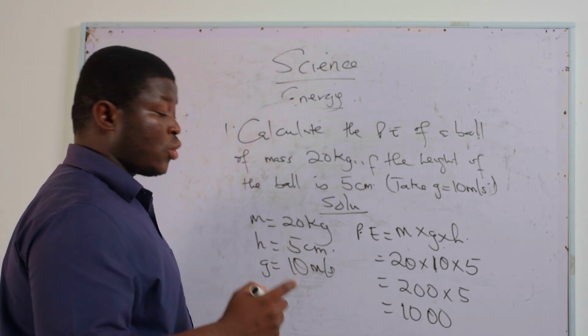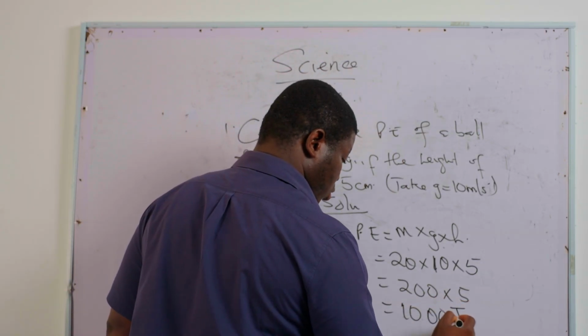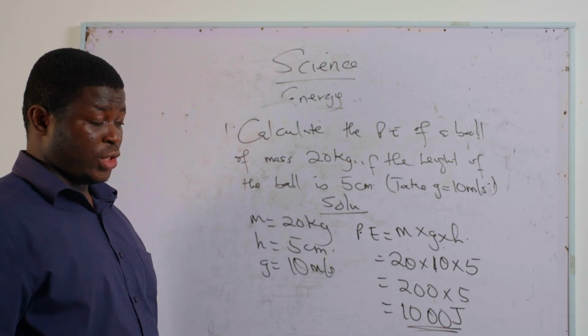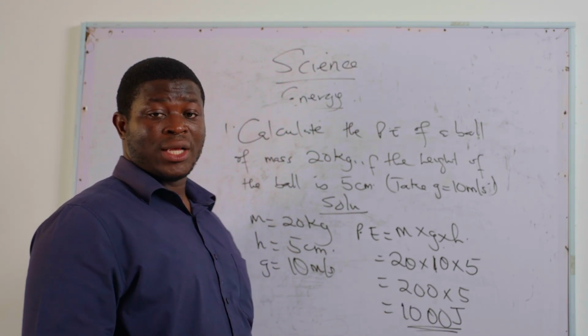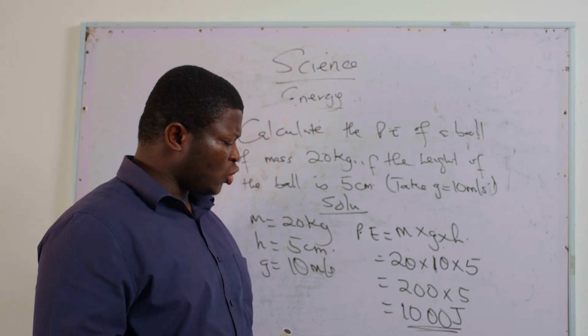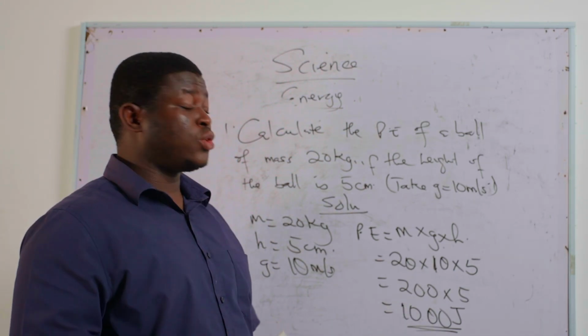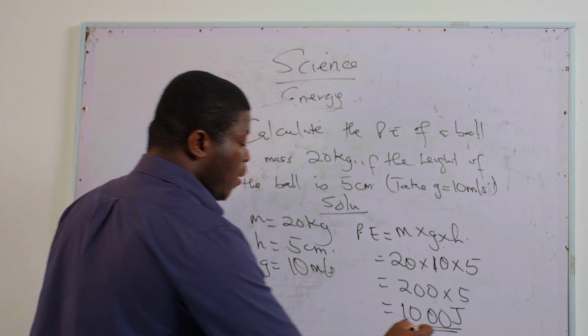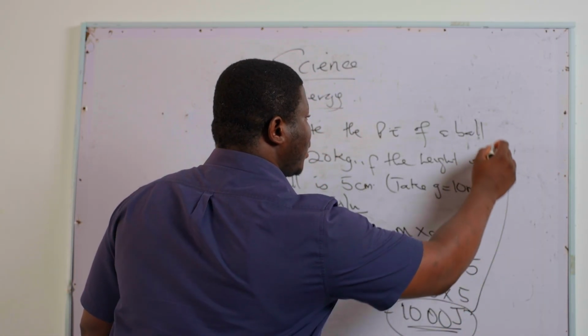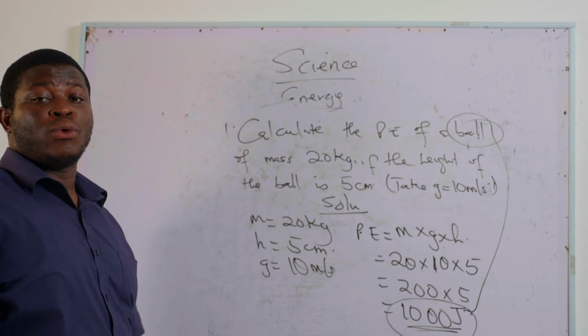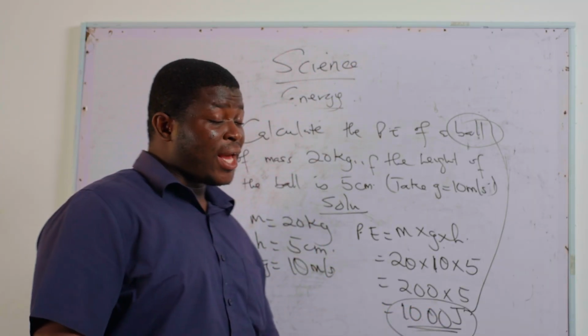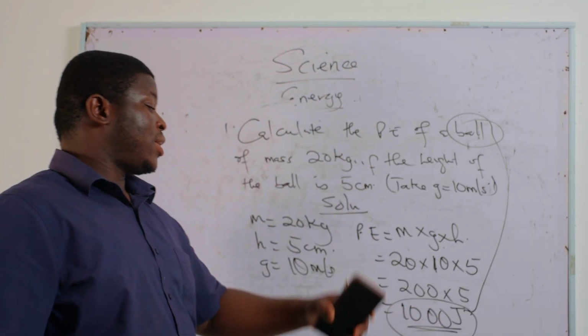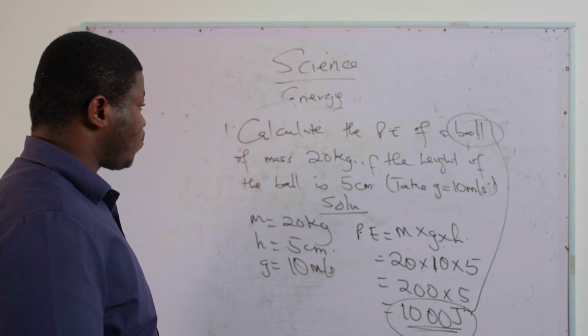And always your unit is joules. That's the unit for energy. You always leave your answer in joules. So we get 1,000 joules as the energy possessed by the ball on the table. Because the ball is not moving, the energy the ball possesses is 1,000 joules.